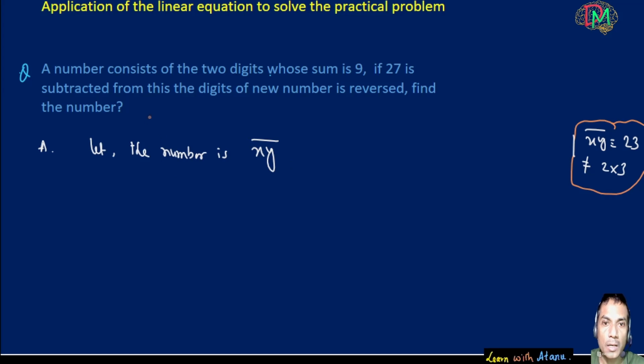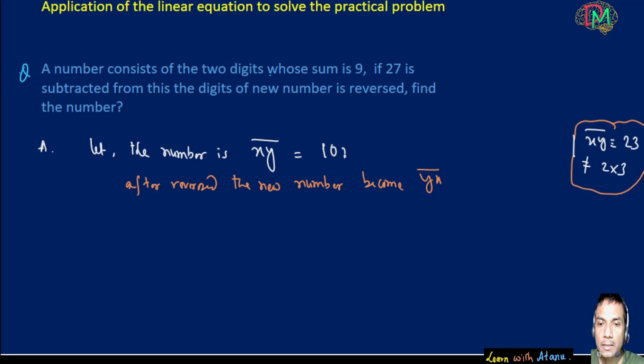So after reversing, the new number becomes yx. Okay, and this xy can be written in expanded form as 10x plus y, because y is the units place and x is the 10s place.